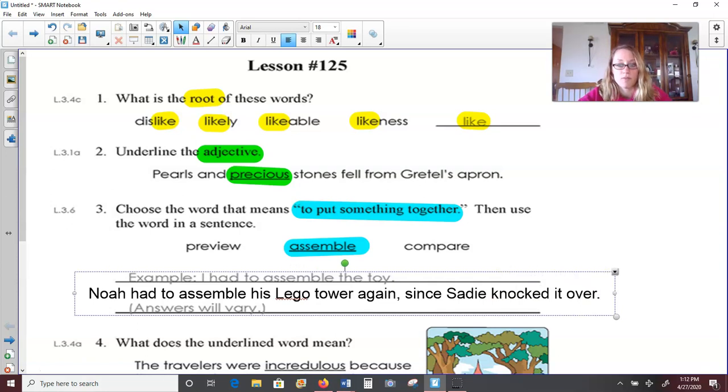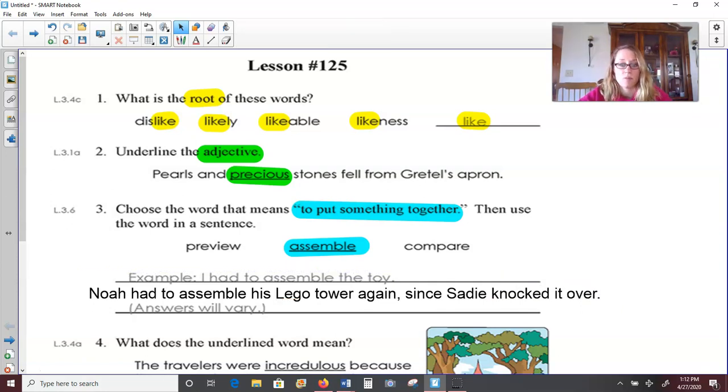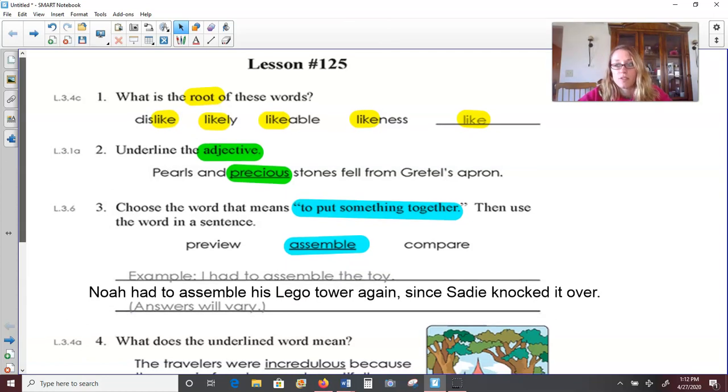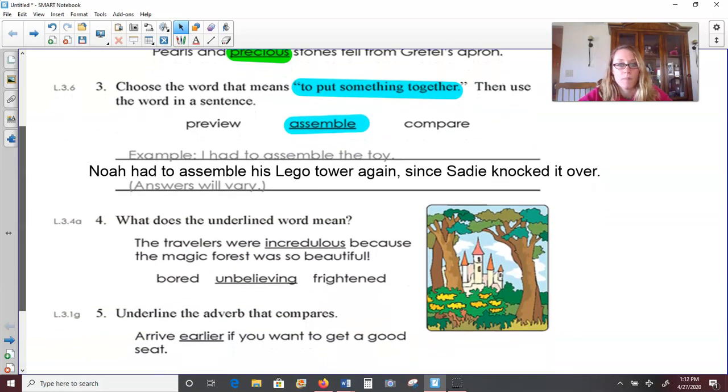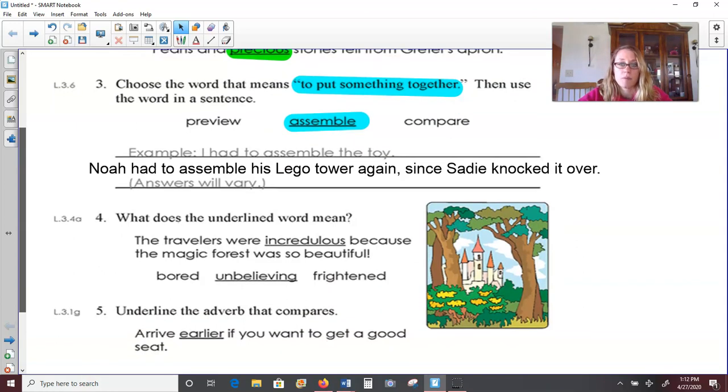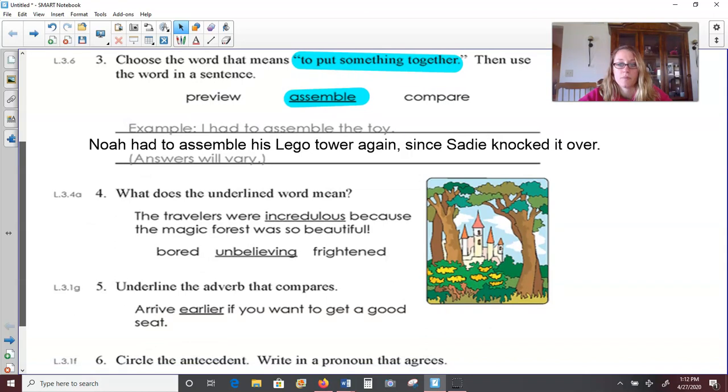So I could have said Noah had to reassemble his Lego tower because that would have meant the same as to assemble again. So see if you can come up with your own sentence using the word assemble, meaning to put something together, or you could use my example or the book example.